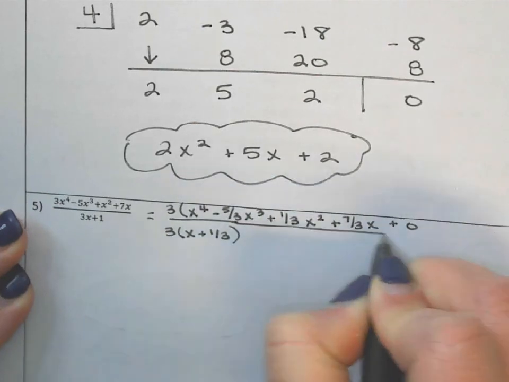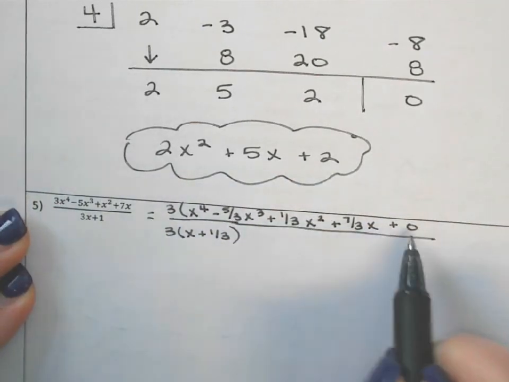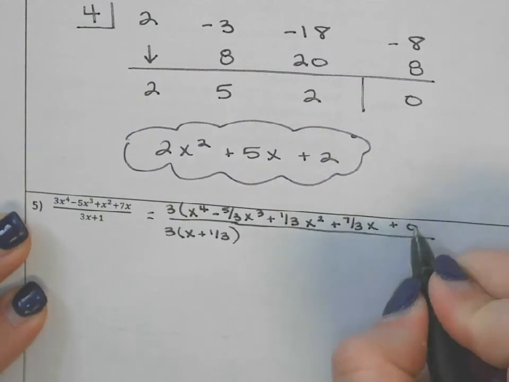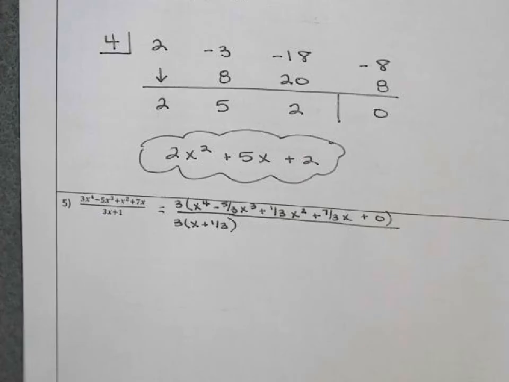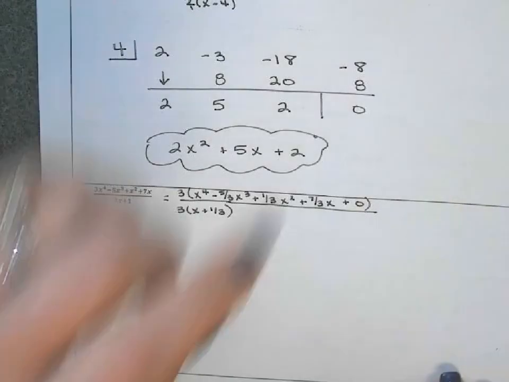I'm going to write the plus 0 in because 4, 3, 2, 1, 0. I didn't want to miss a term there. See how messy that gets because there are all those fractions there. I would suggest just doing long division there because I promise I will not give you terrible, terrible numbers to work with if you choose the proper method. Okay? I will still do this problem for you using synthetic division to show you everything's okay in the long run. However, it's a lot of fractions and messy work along the way.